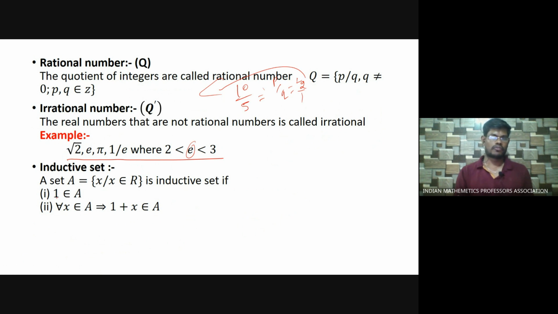Then 1 belongs to A, and for every x belongs to A, then 1 plus x belongs to A. Okay, so this is the concept. So this is an inductive set. Okay, for each and every set, 1 belongs to A and 1 plus x belongs to A. Okay, so this is the concept.